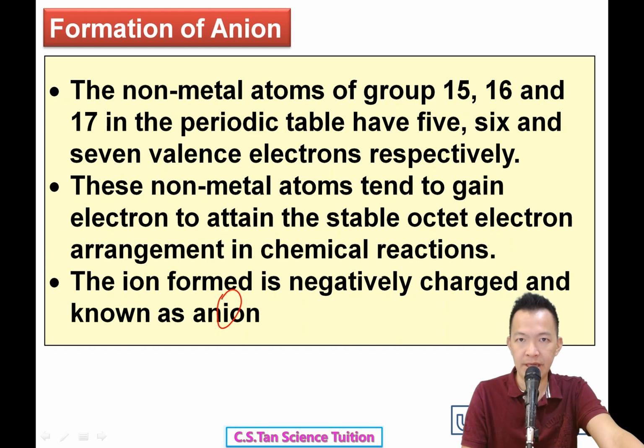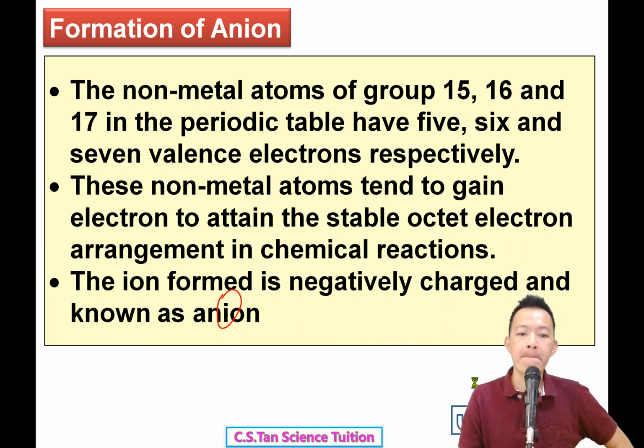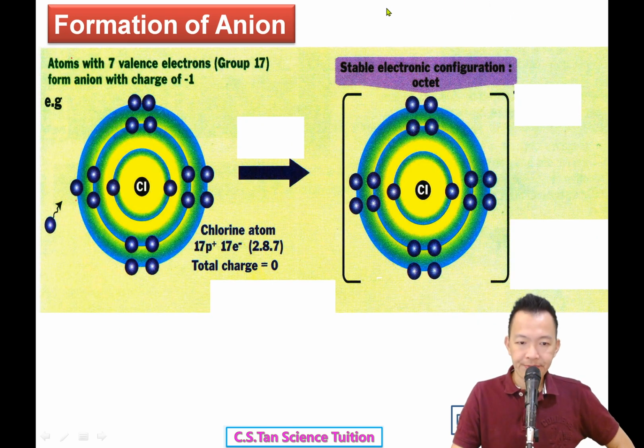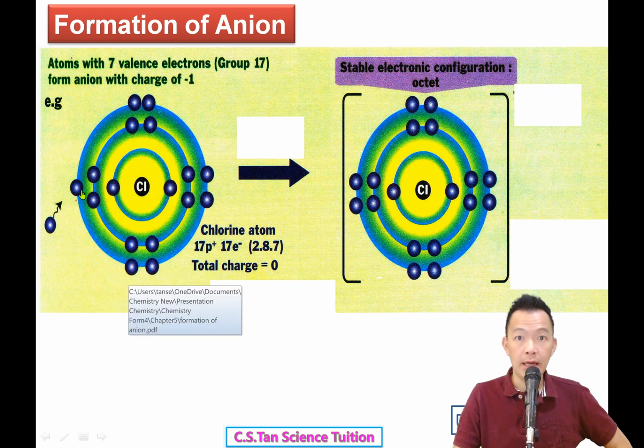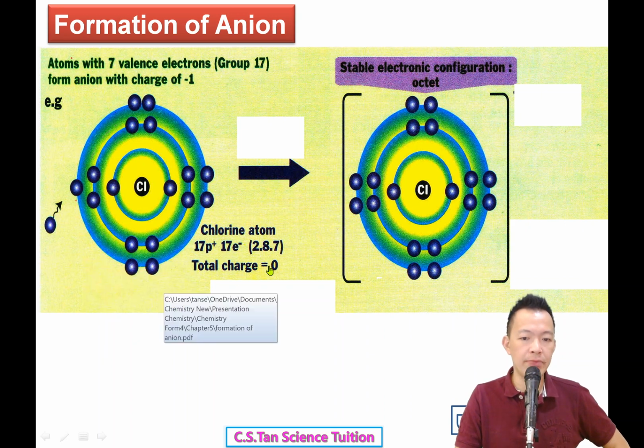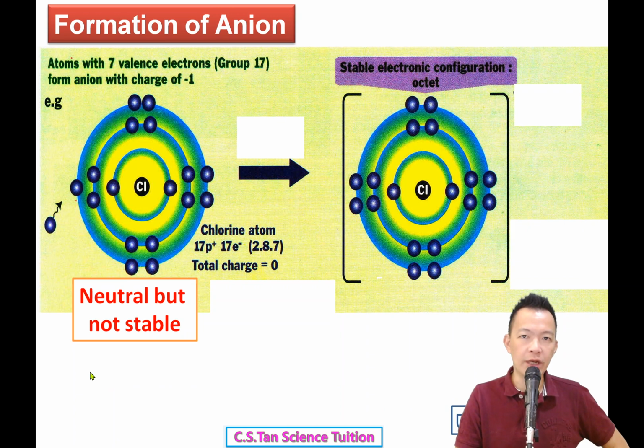But any example? Okay, chlorine has 17 protons, 17 electrons, 2.8.7. Chlorine is neutral, but because of the 7 valence electrons, chlorine is not stable. The atom is neutral but not stable.